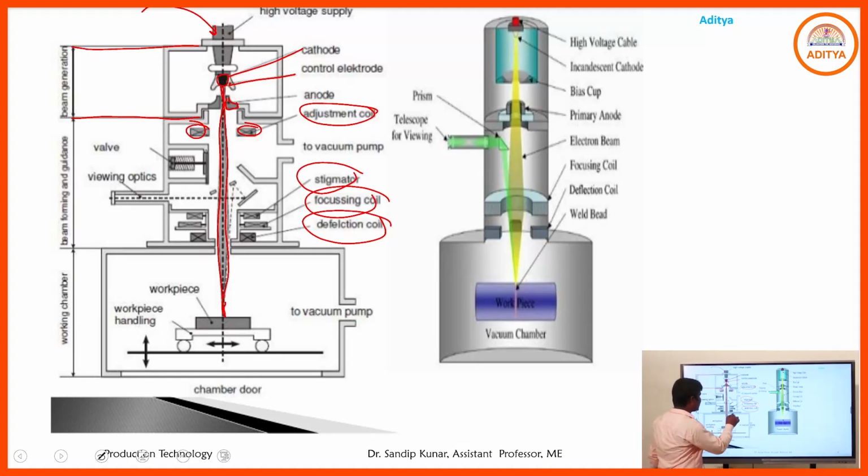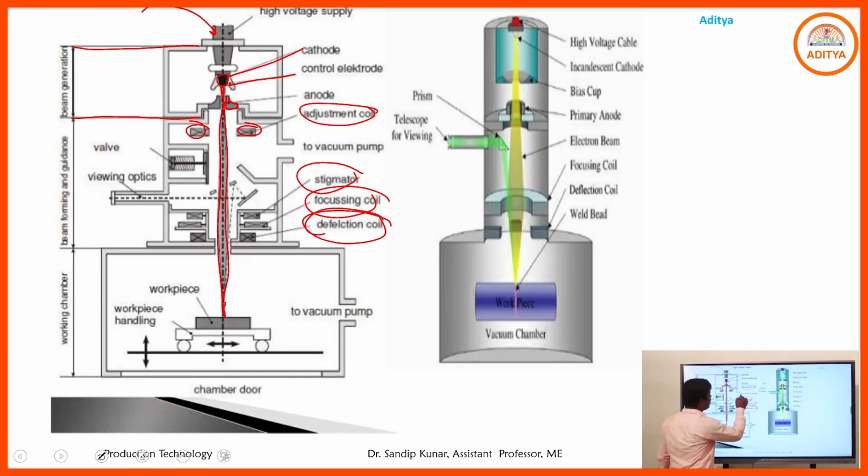All these components, including the deflection coil, help to control the flow of the electron beam and make it strike properly on the workpiece.